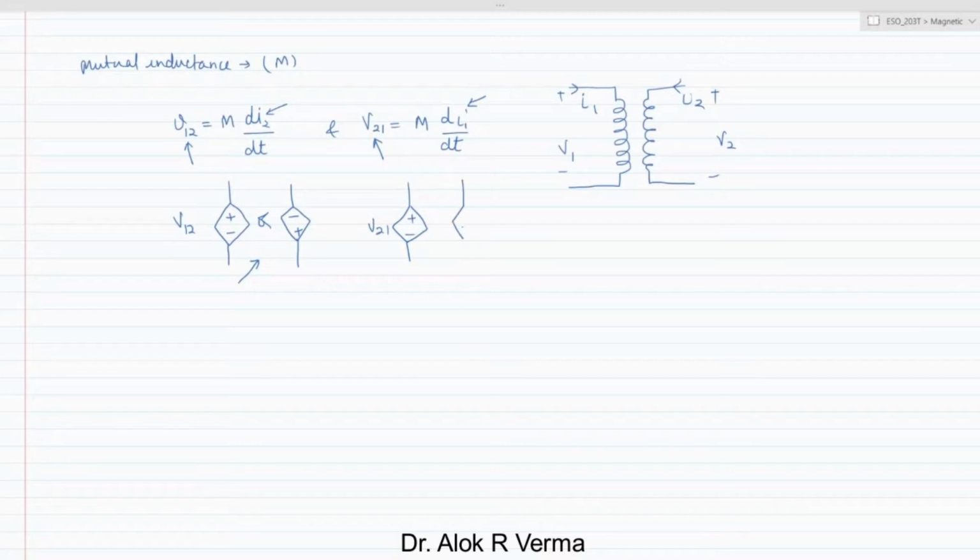This can be this way or this way. Okay, so to fix the direction, or to know the direction of the induced voltages, first we have to find a convention which is known as the dot convention, which will tell you the polarity, or this is also known as dot notation.